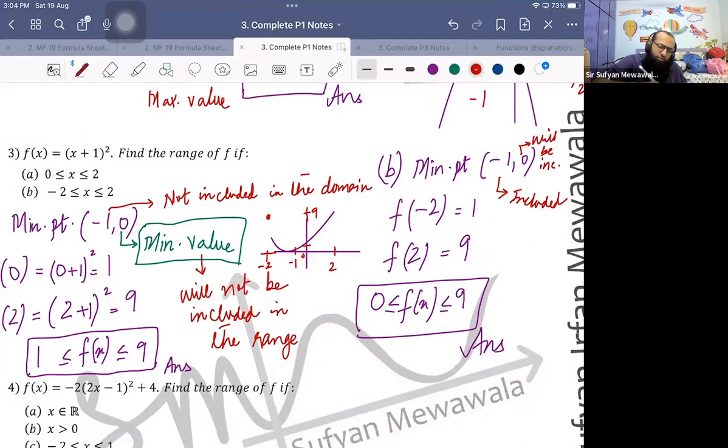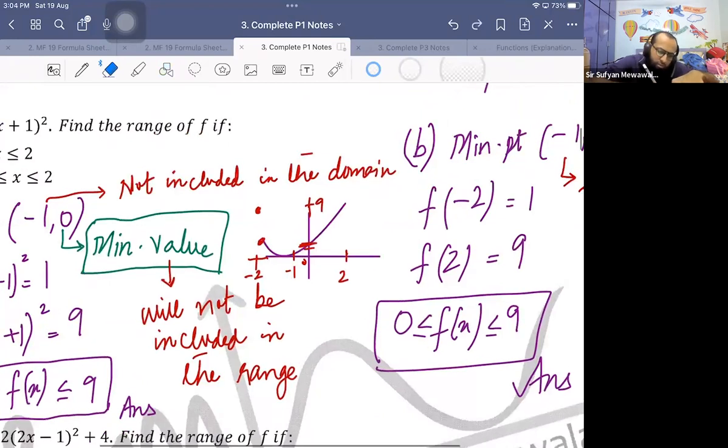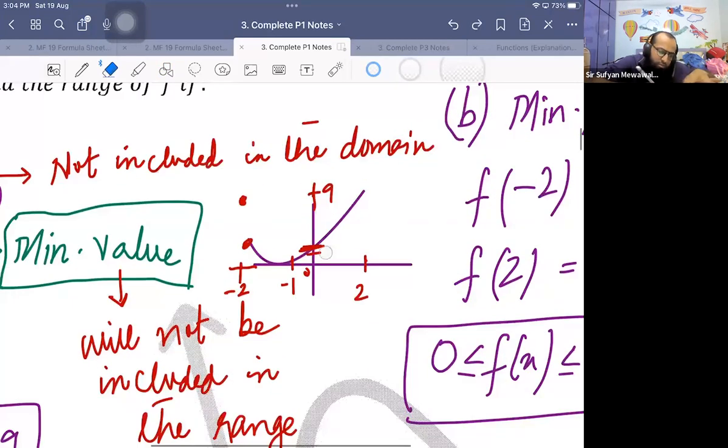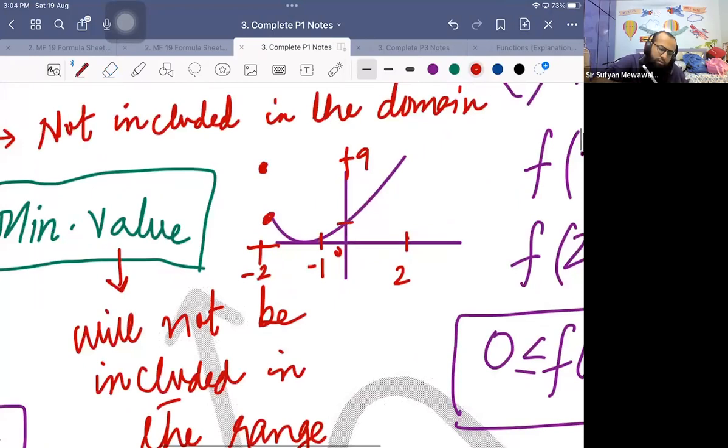Just check it out now. (-2, 9), (0, 1), and (-1, 0), and (2, 9).